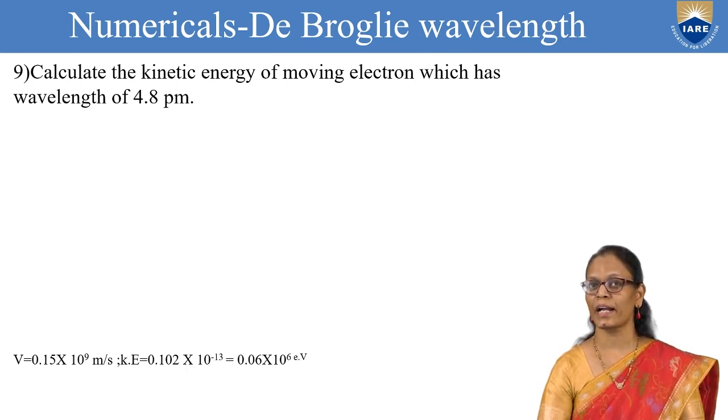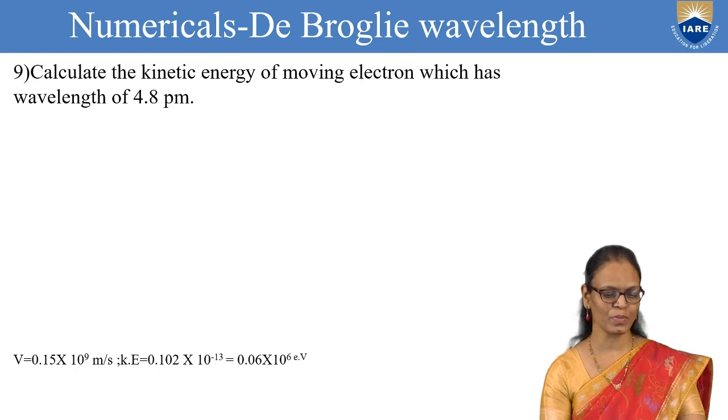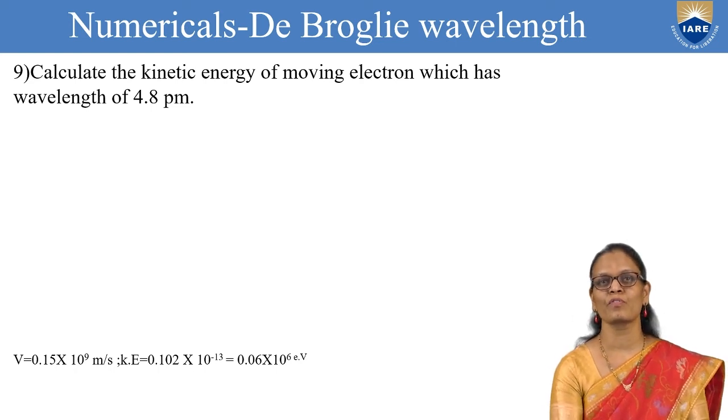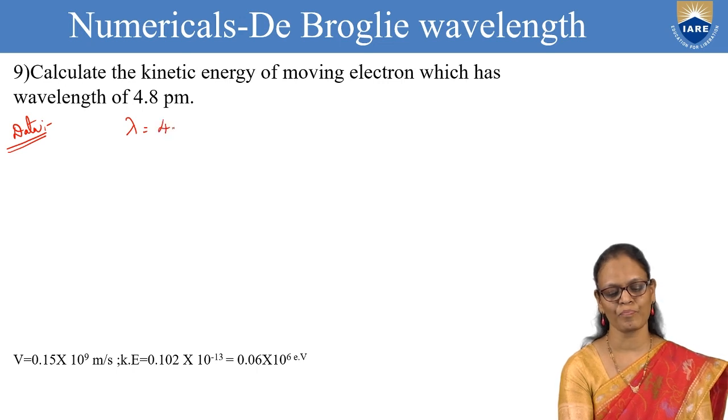Next, calculate the kinetic energy of a moving electron which has wavelength of 4.8 picometers. So here there is one more unit that is given, 4.8 picometer. So let us write the data given. Lambda is equal to 4.8 picometer.